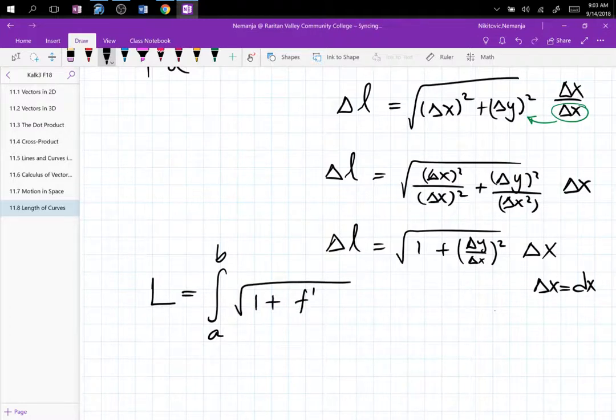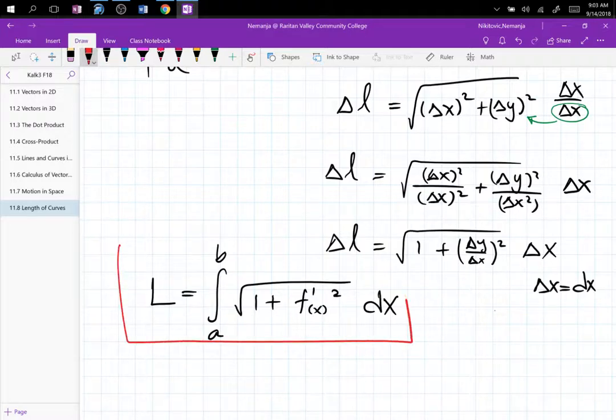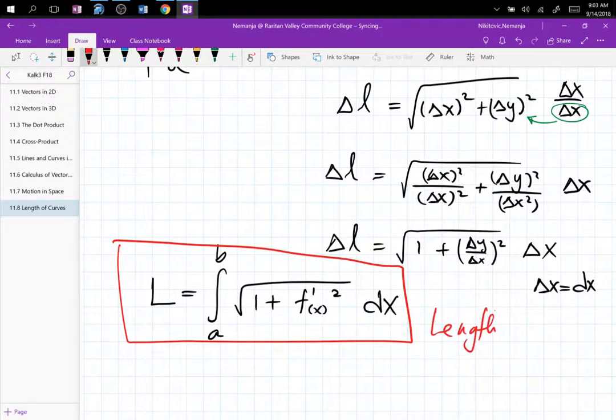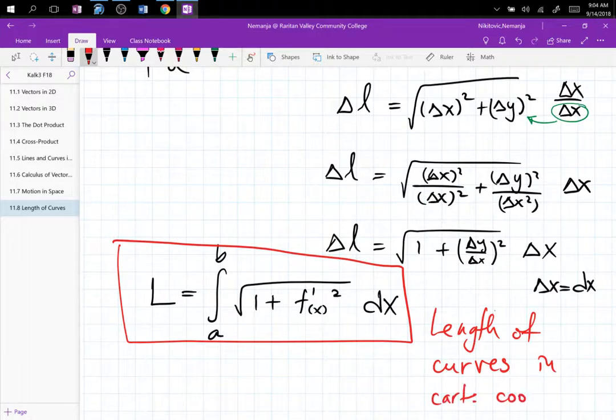You write that as a derivative of a function. And then that's squared, because there is a square under the radical. And then instead of writing delta x, you put dx. This is a Calculus 2 derivation for length of curves in Cartesian coordinates.